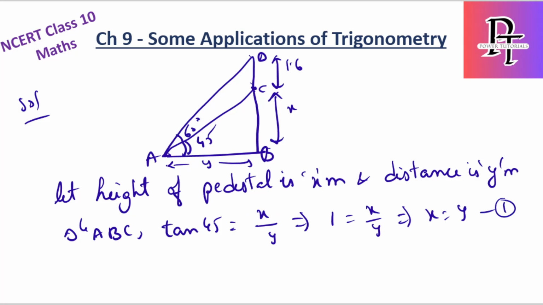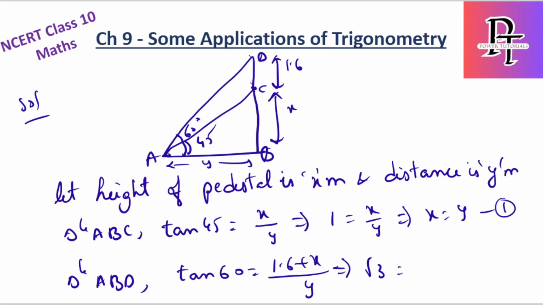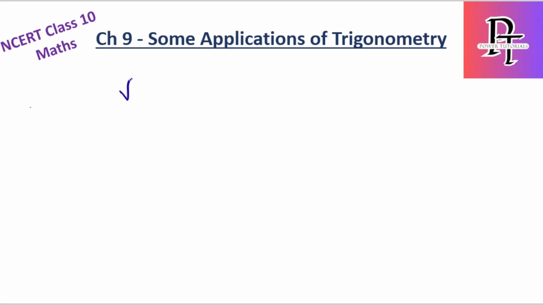Okay, now take the big triangle, which is ABD. In the big triangle, the angle is 60 degrees. So tan 60 is equal to opposite, which is 1.6 plus x, by y. Tan 60 value is root 3. So root 3 is equal to 1.6 plus x by y. The y value we already got, we can say it is x. So root 3 is equal to 1.6 plus x by x.